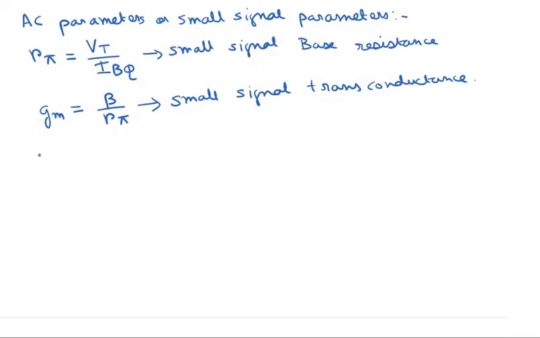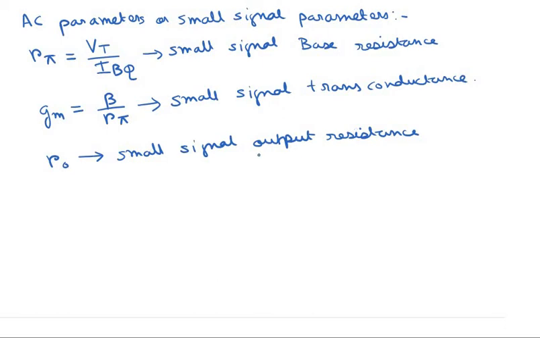Now there is another parameter, R0, which is known as the small signal output resistance. Let us see where this parameter comes from and why it is known as the output resistance of a transistor in the small signal equivalent model.